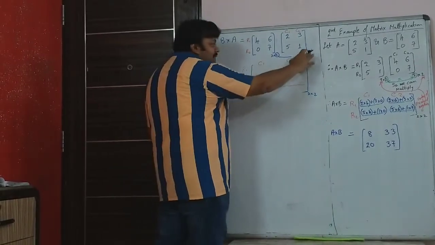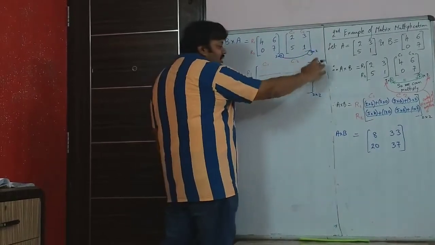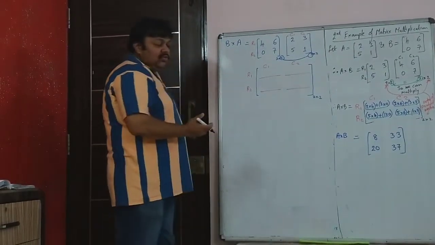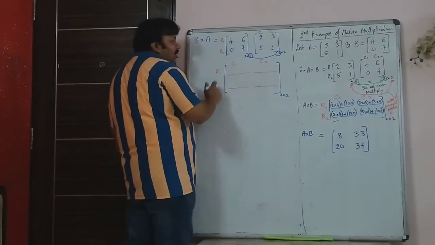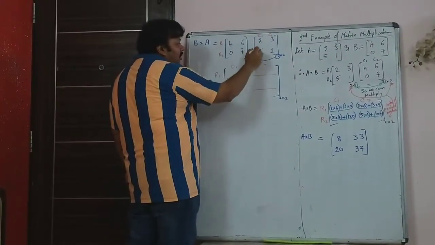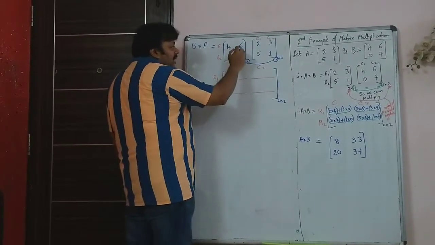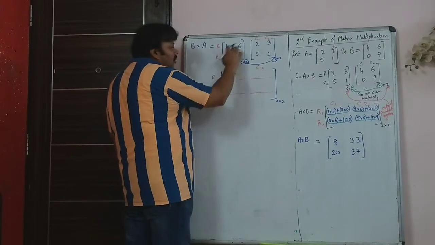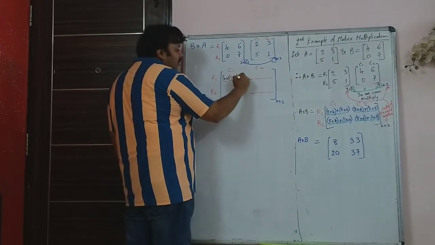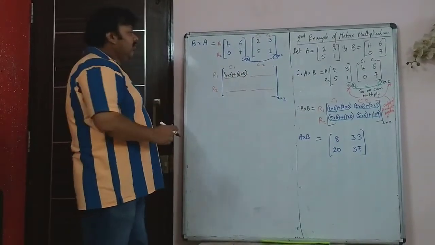That is because now I have to fill in these 4 blanks. The product matrix, first of all multiplication is possible, and the order of the product matrix will be 2 into 2. So now here row 1 with column 1, 4 into 2 first elements plus 6 into 5. So it is 4 into 2 plus 6 into 5. That is row 1, column 1.